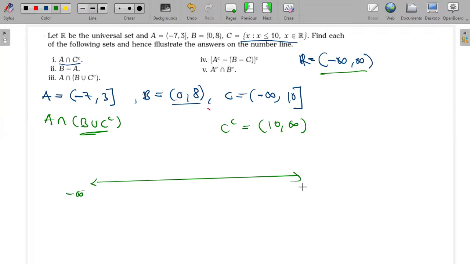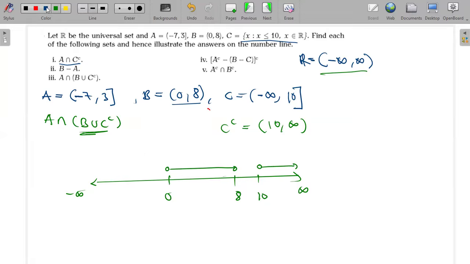Negative infinity and then infinity there. So B is 0 there, and then 8. Then let's say you have 10 there. So this is open there, and open there. That's my B. And then my C complement is open here and going that way. So this brought together is what makes up B union C complement. So this in green here is B union C complement.